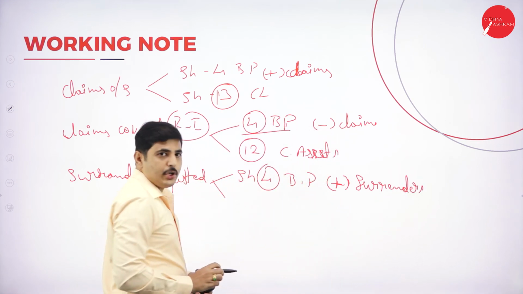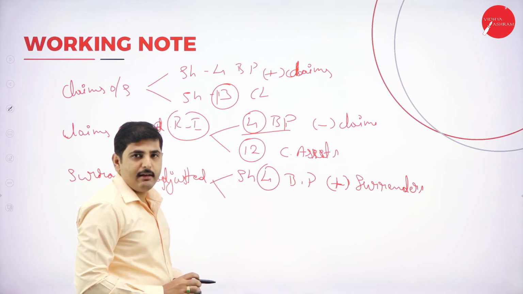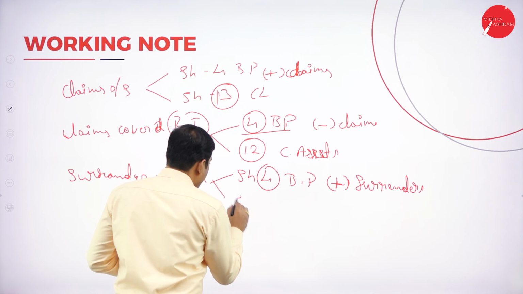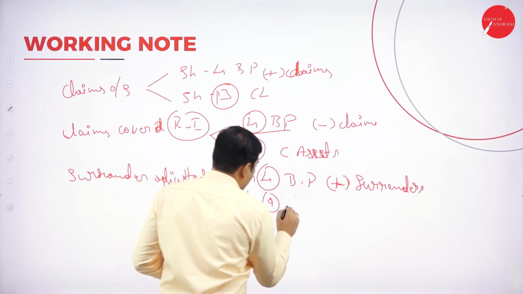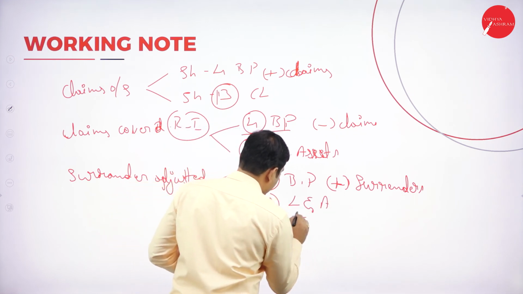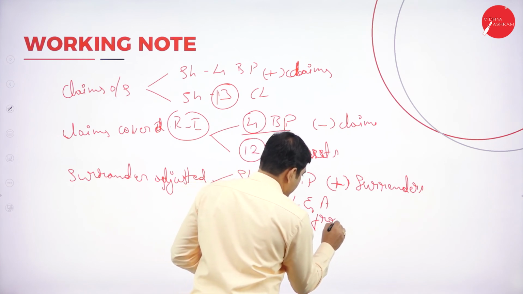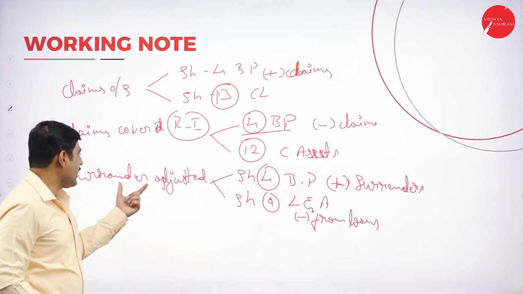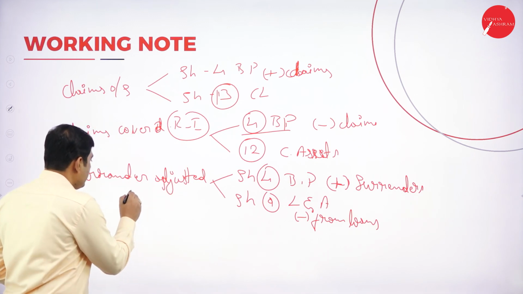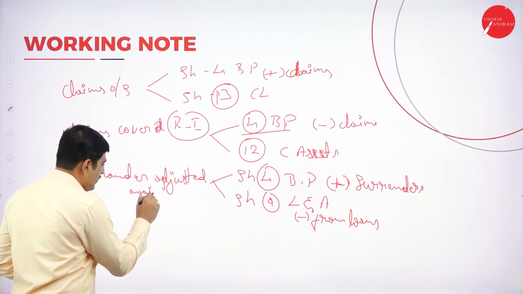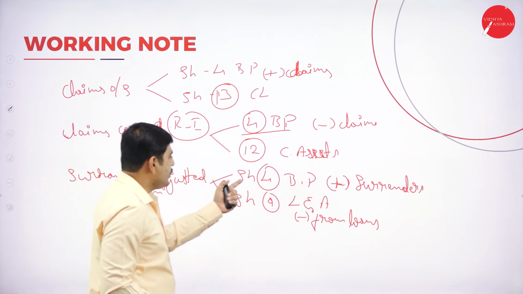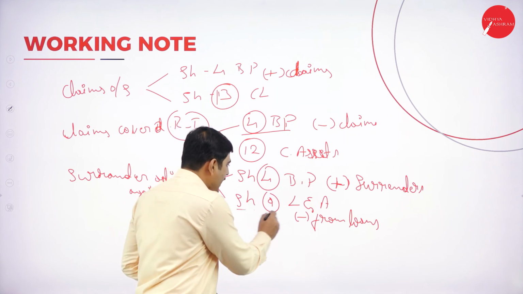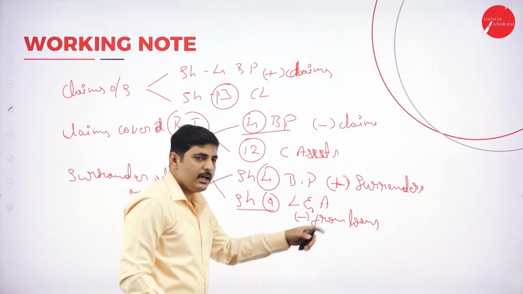Again, we can show it in schedule number 9, loans and advances, minus from loans. Once again I am repeating, surrender value adjusted against loans: show it in schedule number 4, add to surrenders, and again under schedule number 9, loans and advances, minus from loans.